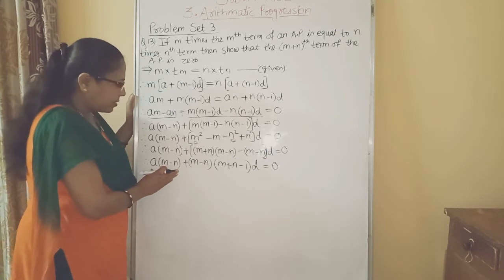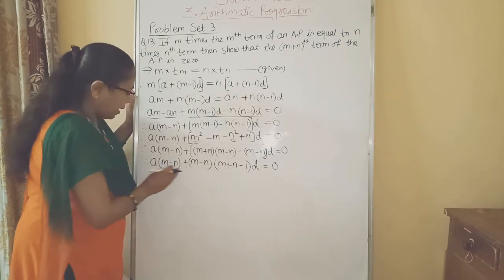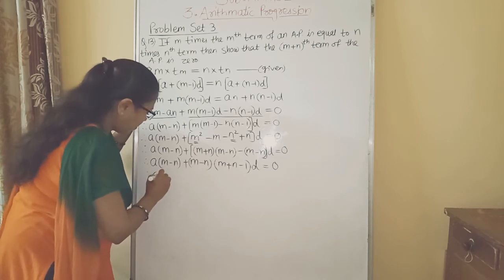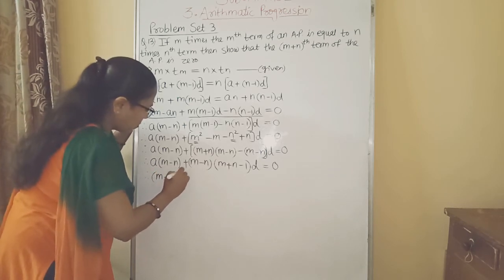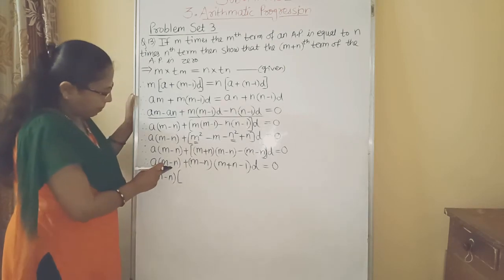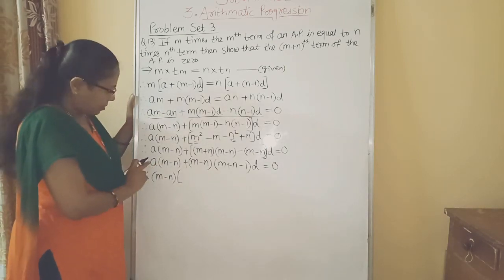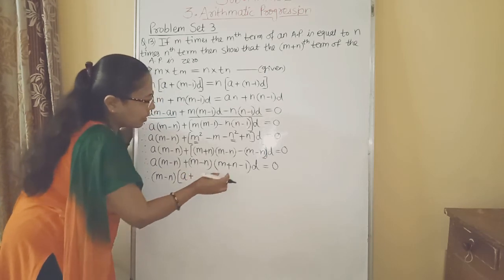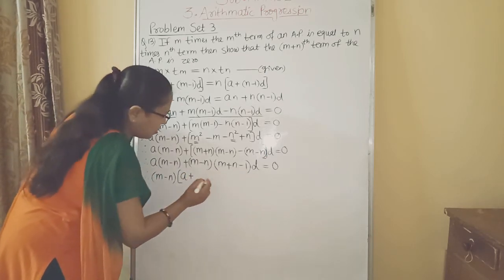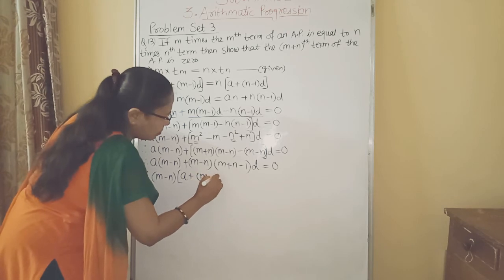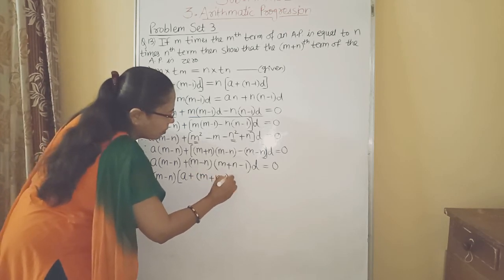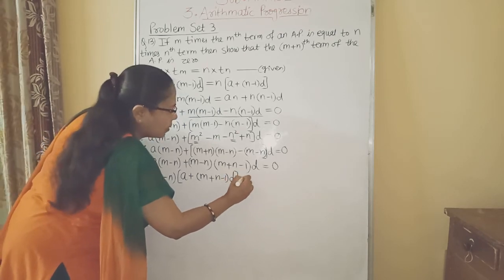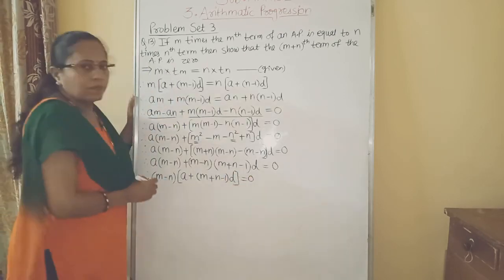From this first and second term we will get m minus n as a common factor. So we take m minus n common in the bracket, and here we will get a plus m plus n minus 1, close the bracket, into d equal to 0.